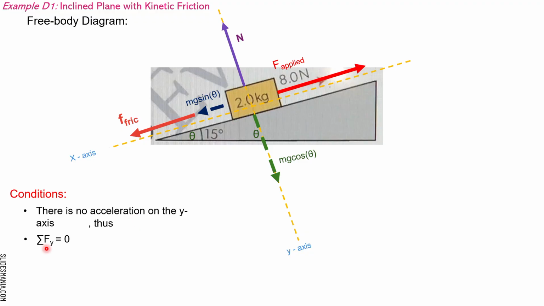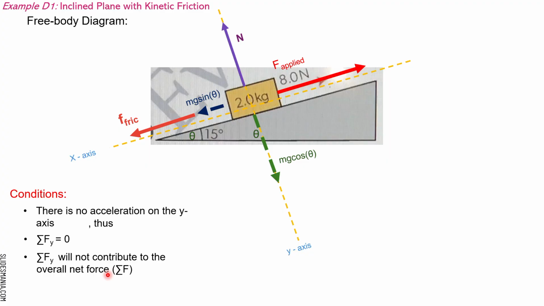Thus, again, the summation of the forces acting in the y-axis is simply equal to zero, which means that it is in equilibrium in the y-axis. Therefore, the summation of Fy, the net forces acting in the y direction, will not contribute to the overall net force. Newton's first law of motion tells us that for an object to be in equilibrium, at rest or at constant velocity, the net force should be equal to zero.